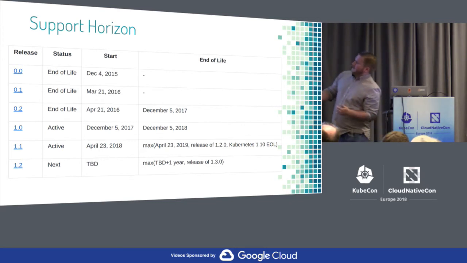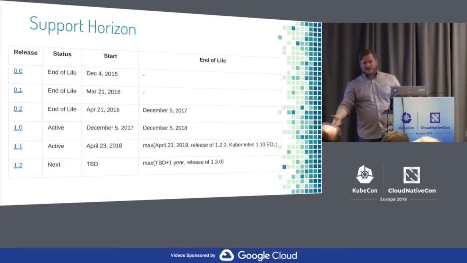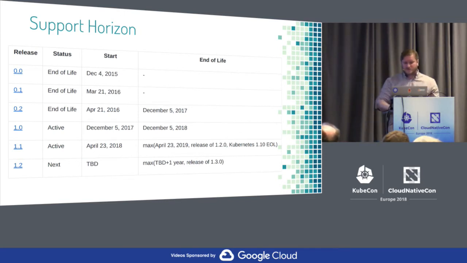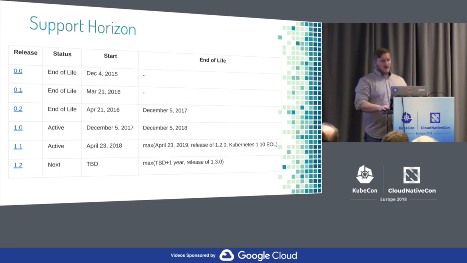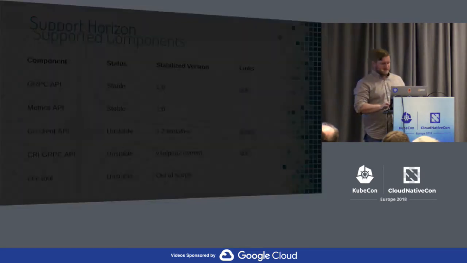Basically, we're saying, OK, we'll support it until the end of Kubernetes' use of it, or the release of 1.2, or April 23rd, 2019, and we'll take whichever is the maximum of those, so that you're not left in a state where you're still running 1.1, but there's a security problem and it's still in use by Kubernetes or what have you. And this release process is defined in the release documents.